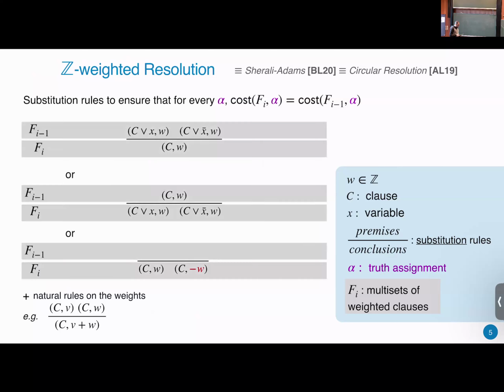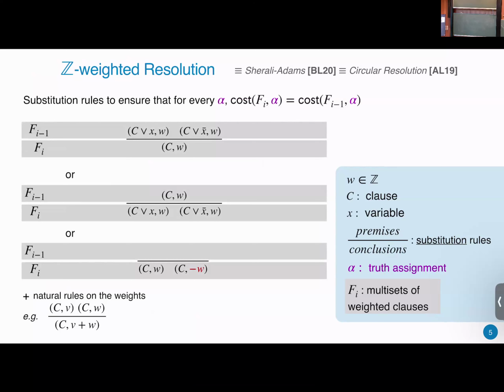So the rules will be like the symmetric cut from one time step to the next: you can substitute two premises with the conclusion, or substitute one clause with the weakening with the variable and the opposite value of that variable in the next time step. So are these destructive rules, or?